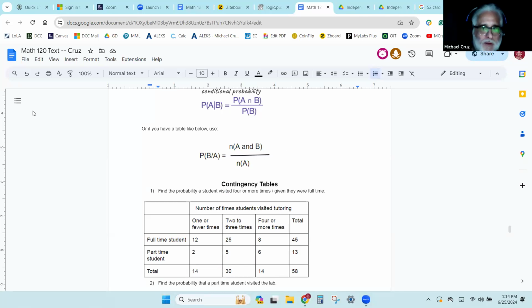All right, I was trying to clear that table. All right, so the given, so what is given is full time. So we're going to come down here, and there's the total of the full time students.